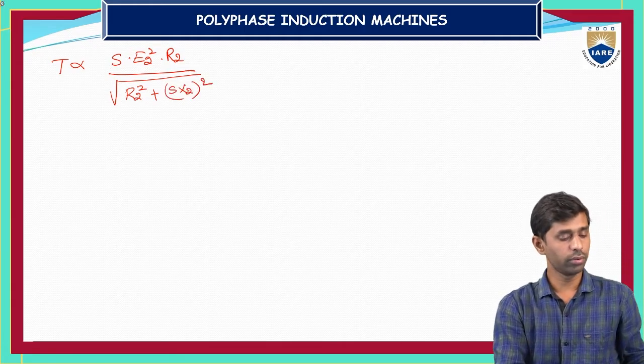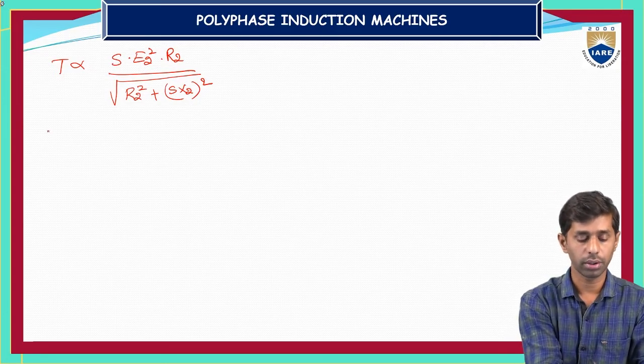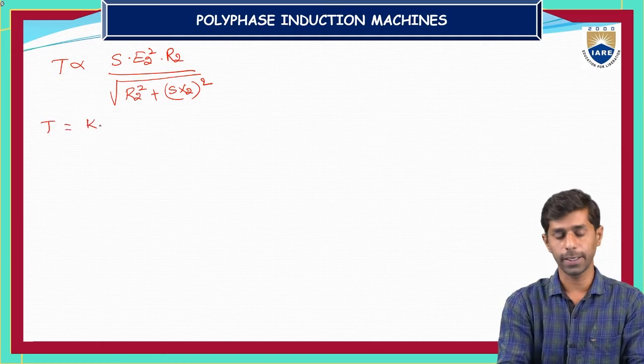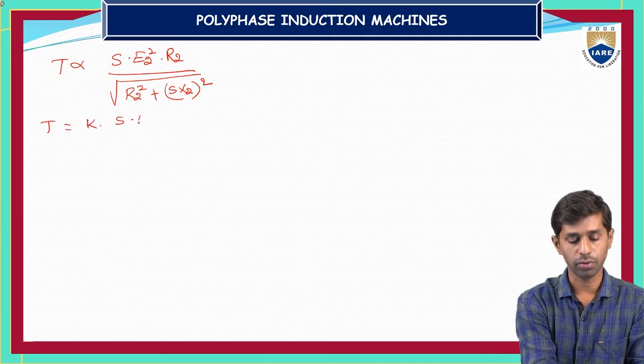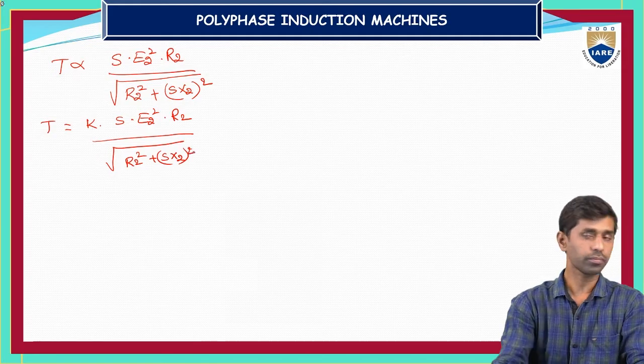So now we have to write the proportionality constant, that is T equals some proportionality constant, I am naming it K, into S times E2 square into R2 by square root of R2 square plus S times X2 whole square.